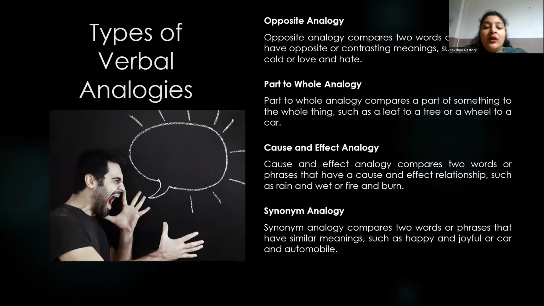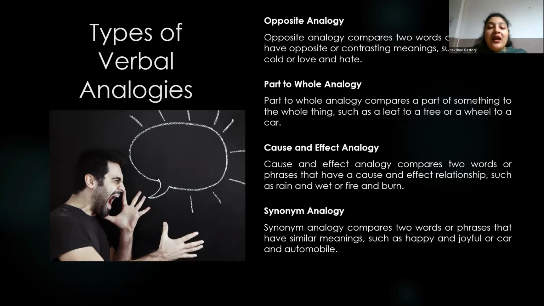Part to whole: finger is to hand and leaves is to tree. Whole to part: tree is to leaf and car is to wheel. Object to action: book is to read and phone is to call. Action to object: write is to pen and paint is to brush.